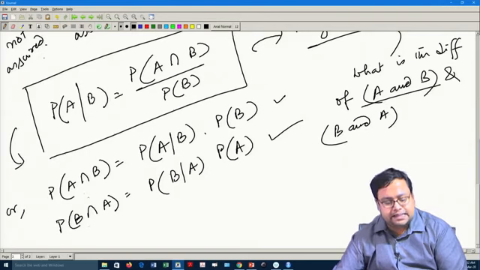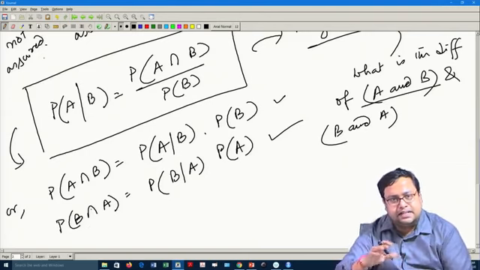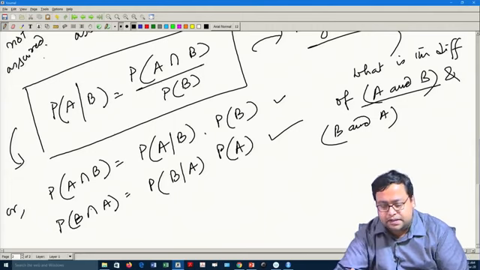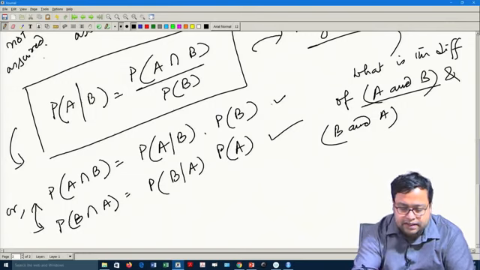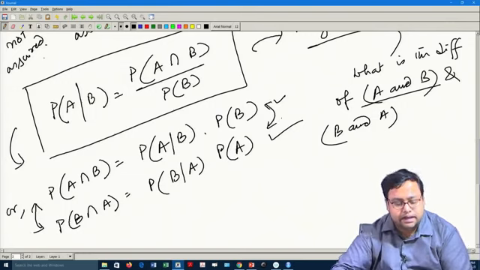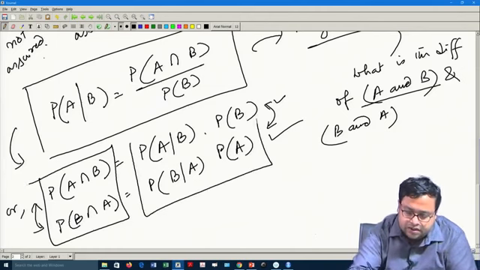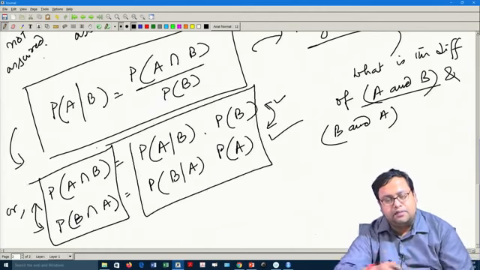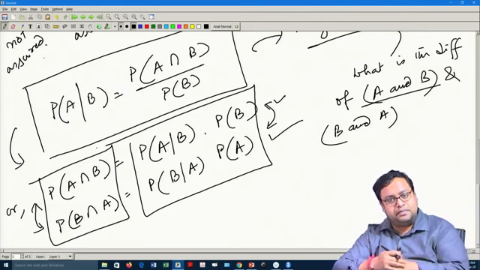And if I can replace A and B in their spaces, I put A on this side and B on that side. If the right hand sides of these two equations are same, then the left hand sides are also same.